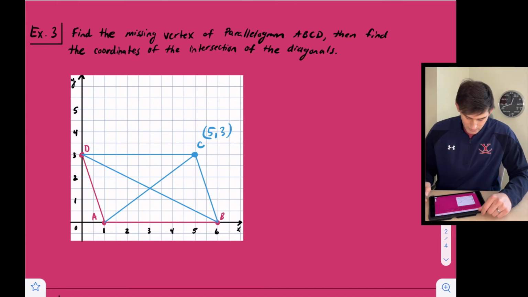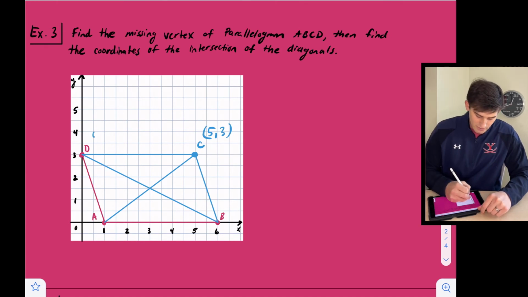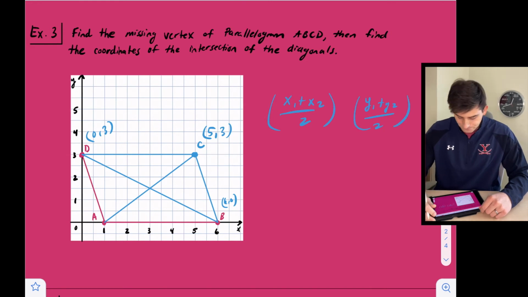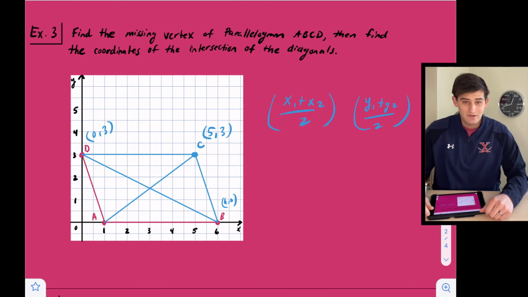So let's use vertex D and B. D would be (0, 3), and B would be (6, 0). So remember, for the midpoint, we say (x1 plus x2) divided by 2, and (y1 plus y2) divided by 2, okay? So basically add the x coordinates, divide by 2, add the y coordinates, divide by 2.